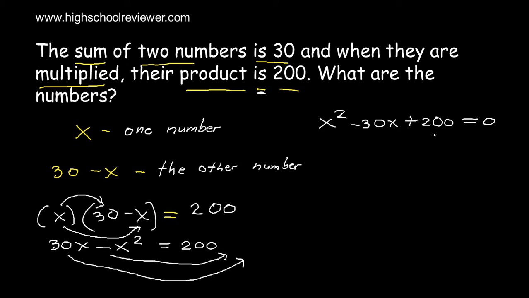Now, take note, we have here plus 200 as the third term. So if we will use the factors of 200, let's say we will use the factors negative 10 and negative 20.